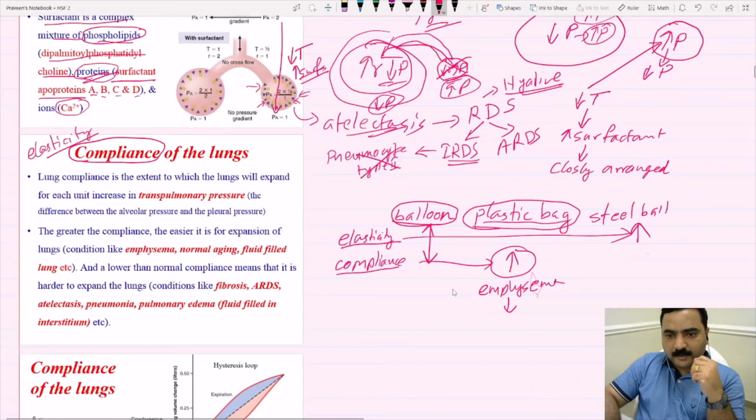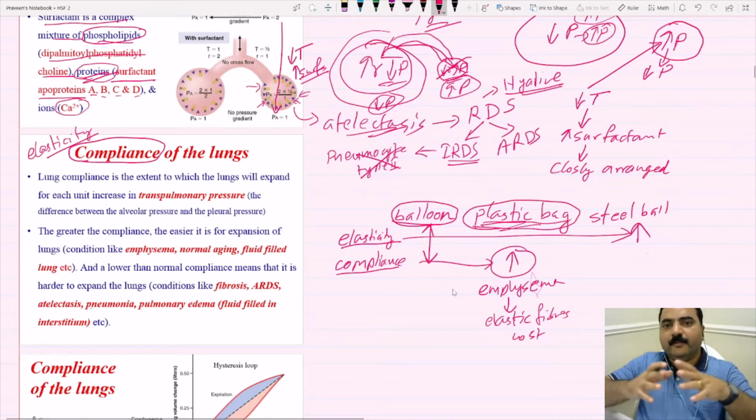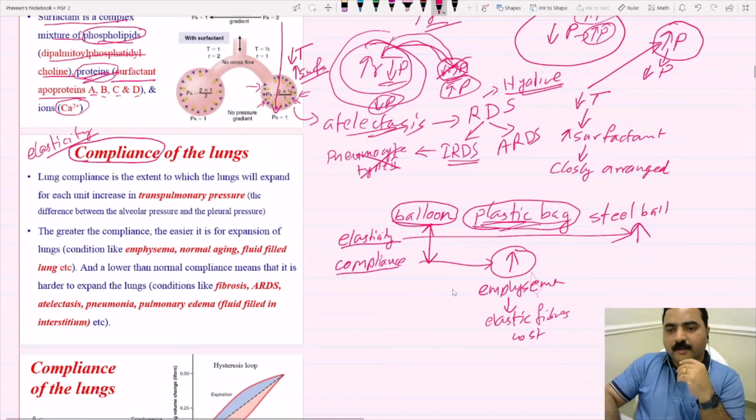The elastic fibers are broken down, so they are lost in that condition. So the lung behaves like a plastic bag and it will remain expanded. That's what happens in conditions like emphysema.